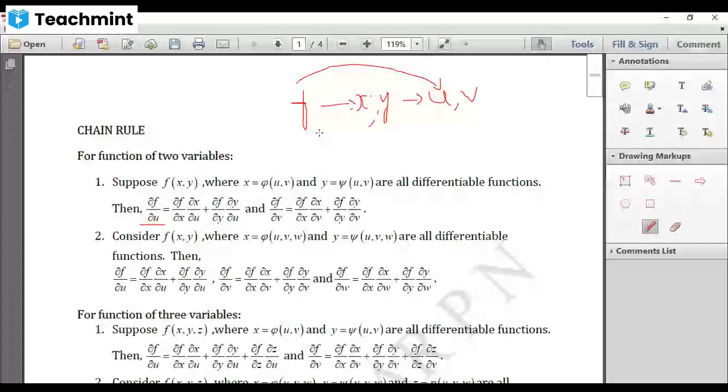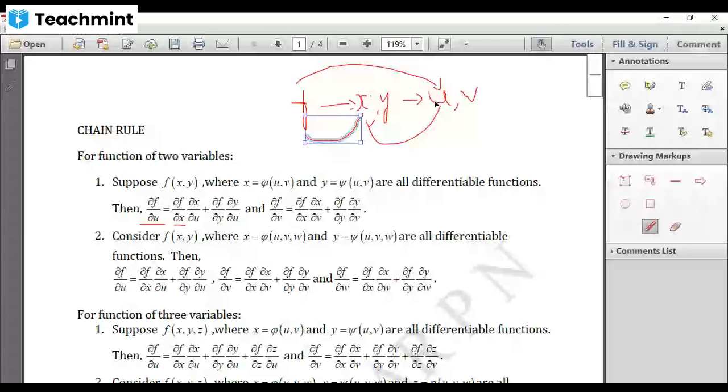Yes, differentiate f with respect to x, and your x with respect to u. So dou f by dou x into dou x by dou u. That gives you the differentiation of f with respect to x into the differentiation of x with respect to u.